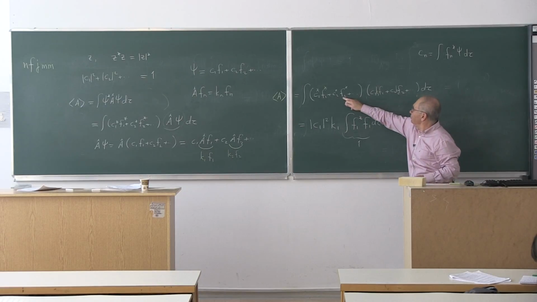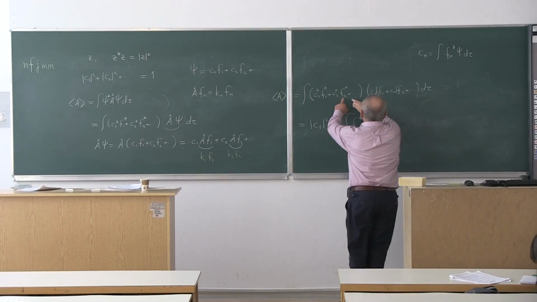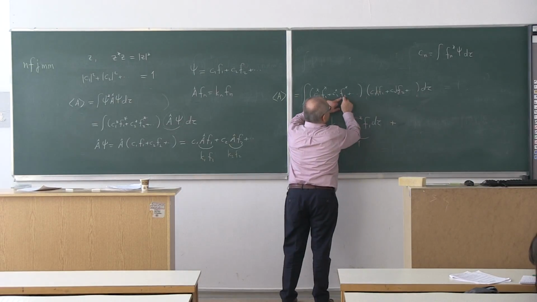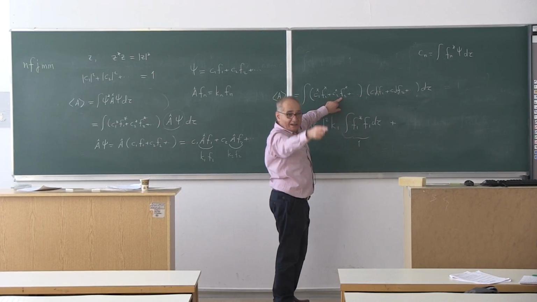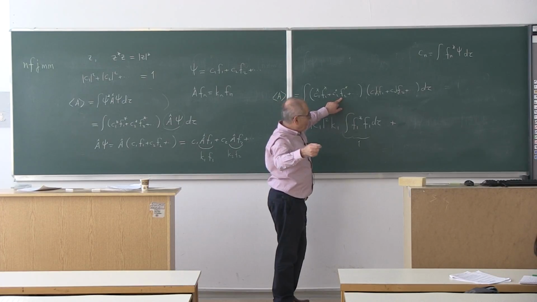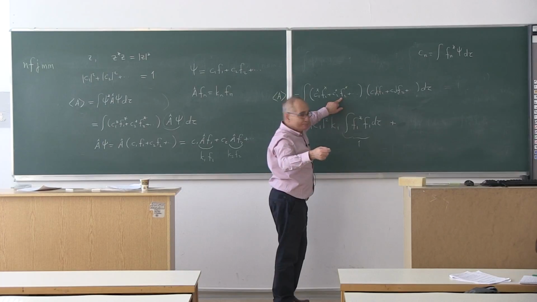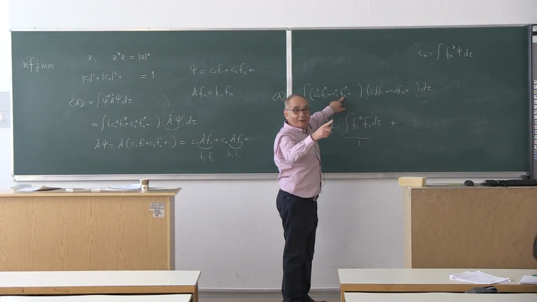Now we come to the second term and multiply. This time, different functions, F1 times F2 star, integration, because of orthogonality, that integral will be 0. F2 star times F2, that is the normalization integral, result is 1.